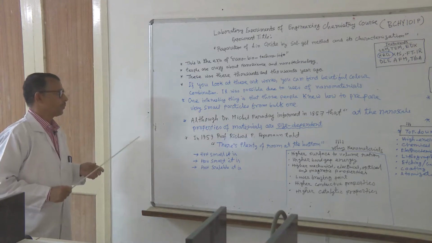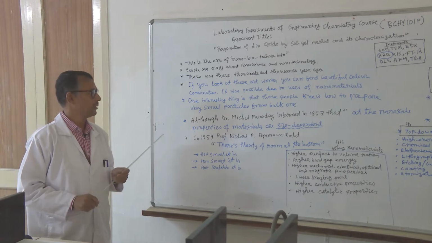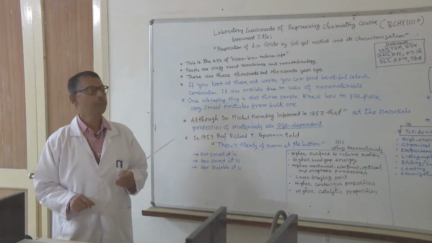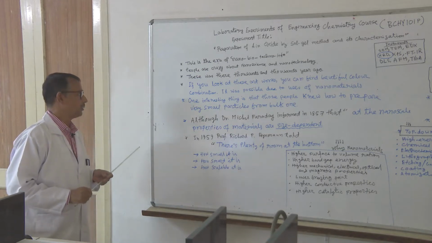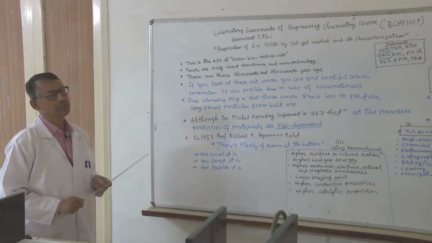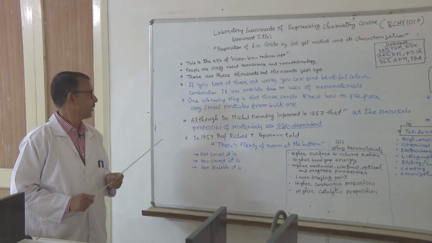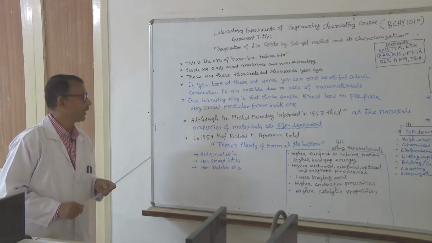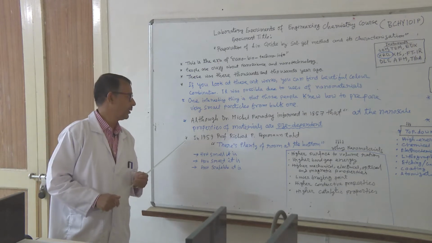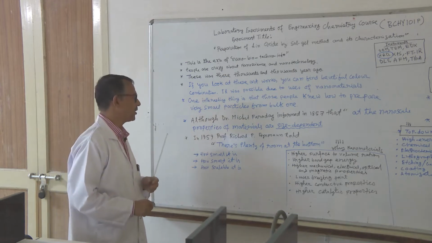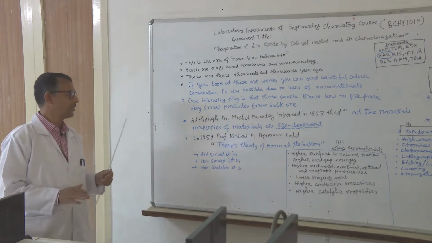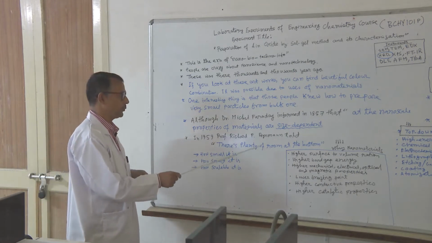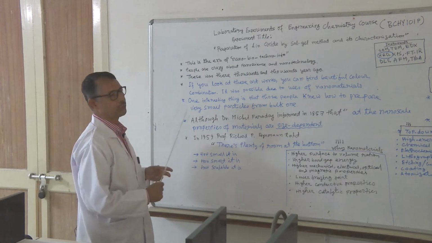Although Dr. Michael Faraday informed in 1857 that at the nanoscale, properties of materials are size dependent. After that, in 1959, Professor Richard P. Feynman told there is plenty of room at the bottom.